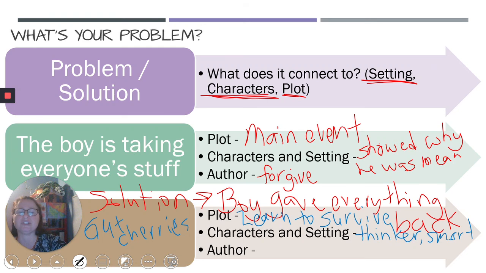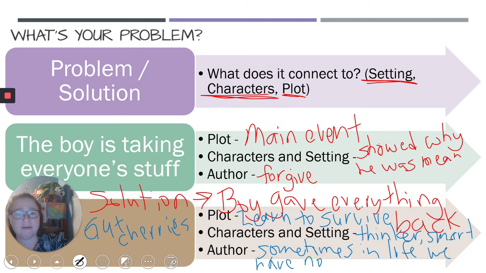I feel like the author was showing me sometimes in life we have no good answers. Sometimes you just have to pick the least problematic one. Sorry, my writing is so messy.